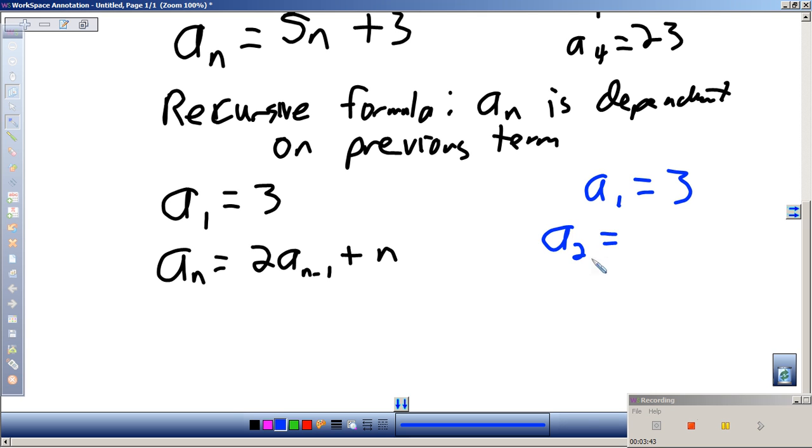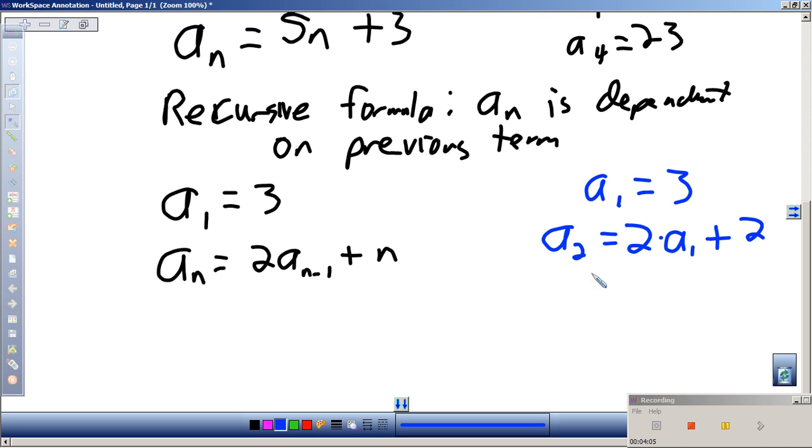Well, if we're looking at a2, what is n? 2. So we're going to have to plug in 2 for all the n. So in here, we're going to say 2 minus 1 is 1. So we're going to have 2 times a1 plus, what is n? 2. So what is a1 equal to? 3.